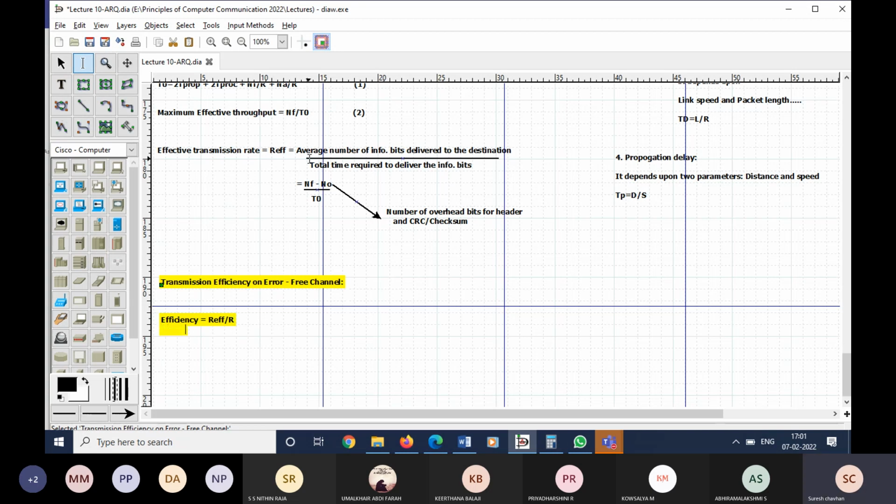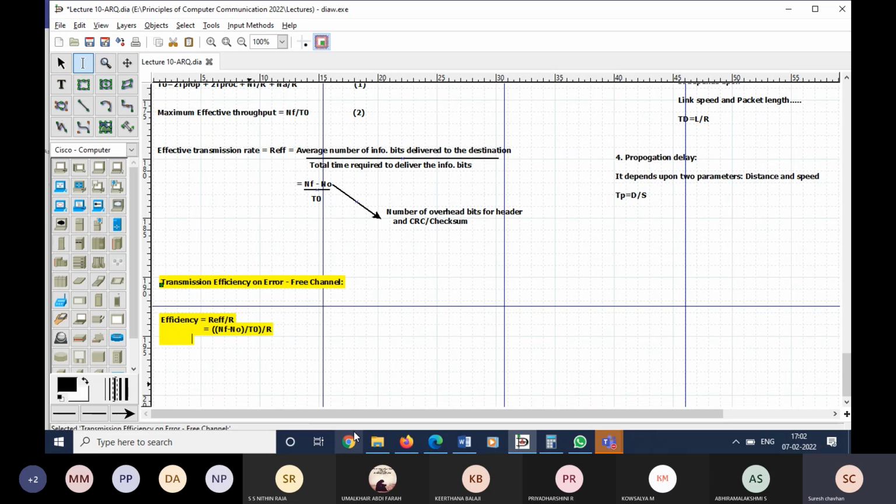Now we know the R effective, right? So R effective is what? NF minus overhead N0, divided by T0, right? Sorry, this is not N0, it is N overhead. And this is divided by the transmission rate of the channel R, correct?